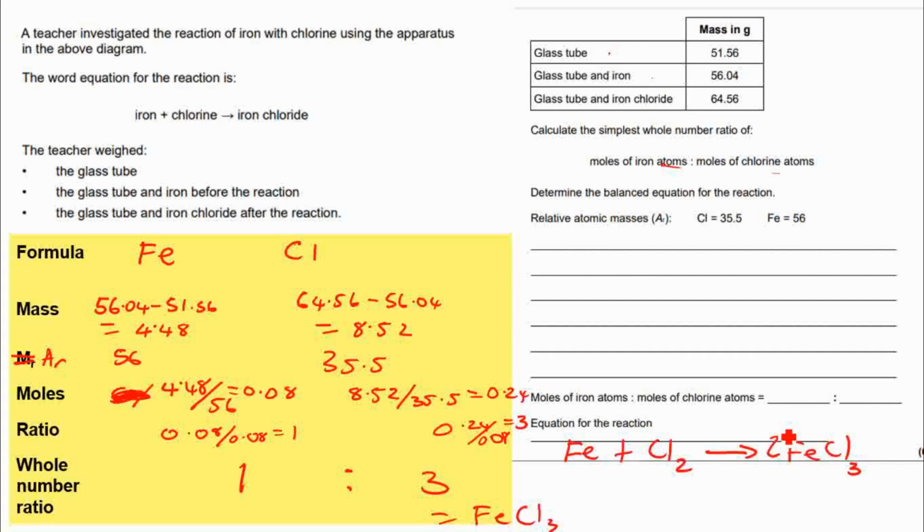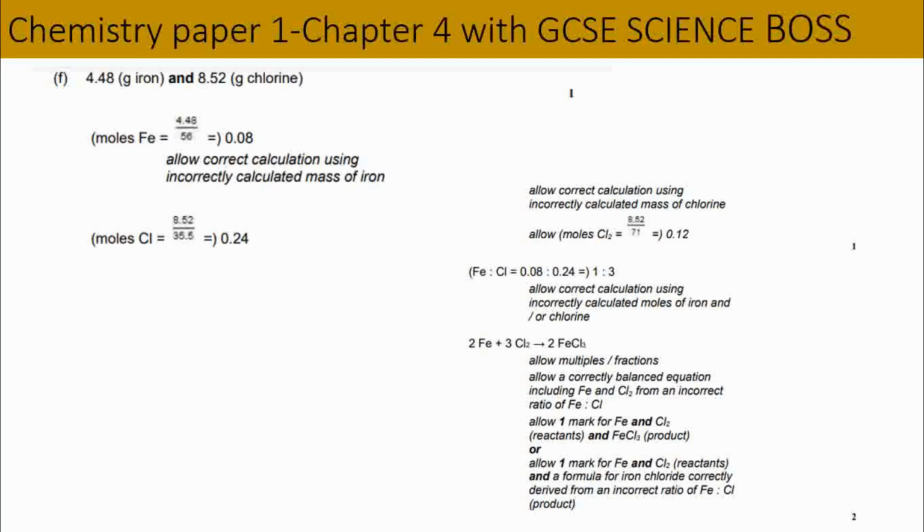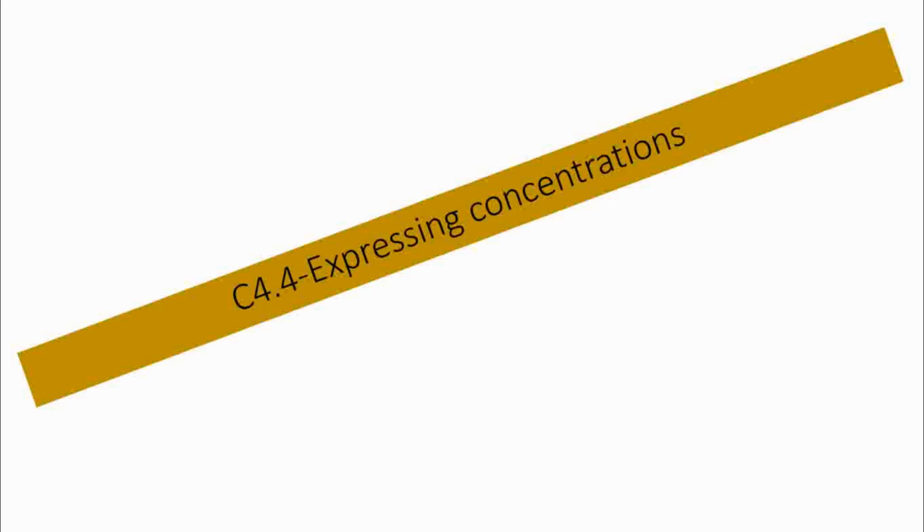Why do I need to put that? Because that's now going to make it 6. Put a 3 there, that's going to make it 6, and put 2 iron there, and that is our balanced equation. Hopefully you tried the question before doing this, or have a look at how I do it, then try doing it on your own. Have a look at the mark scheme here. That's my answer there.